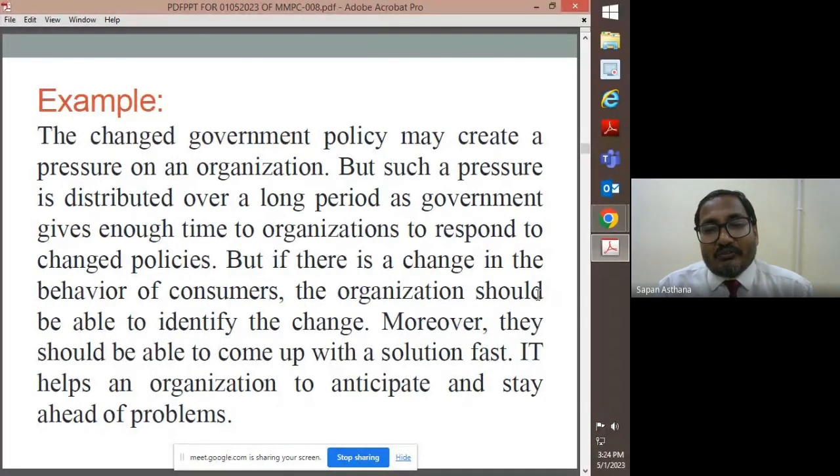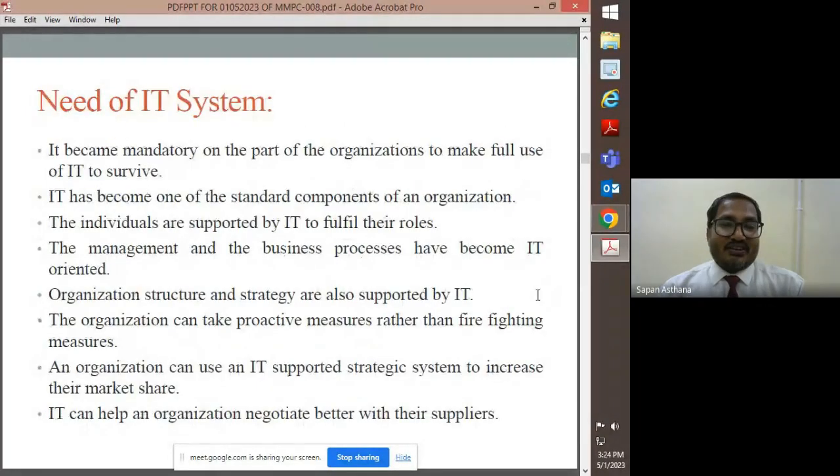Suppose in 1991, when the LPG era came, if our banking leaders had not changed from offline to online, then how would we have come to the place where we are today? So the change is important. Only the change is permanent. You always remember that. That's why, being learners, you must welcome change.